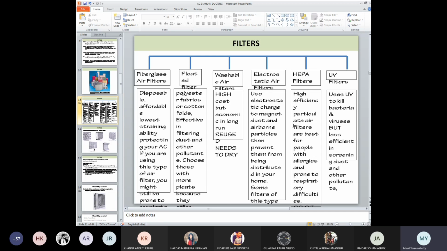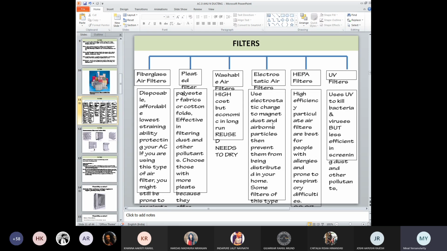UV filters, again used in hospitals, use UV rays to kill bacteria and viruses, but are less efficient in screening dust and other pollution. It's just passing light, so how will it screen dust? So you will require a HEPA filter, and then if you want higher killing of the bacteria, you would go for UV filters.